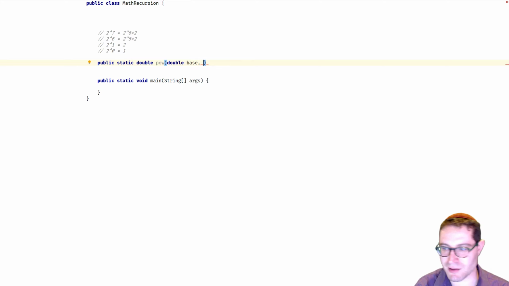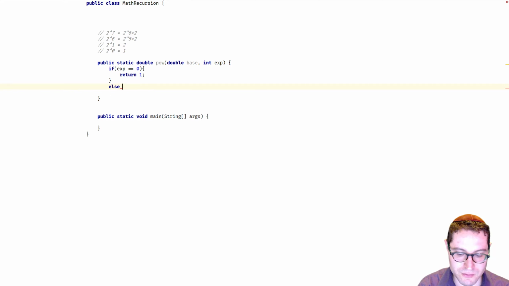Instead, I'm just going to put a strict int exponent, make all our exponents strictly integers. So first we've got to figure out our base case. So if the exponent is equal to 0, return 1. Anything raised where the exponent is 0, we return 1.